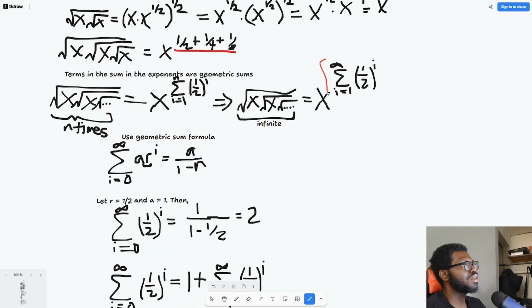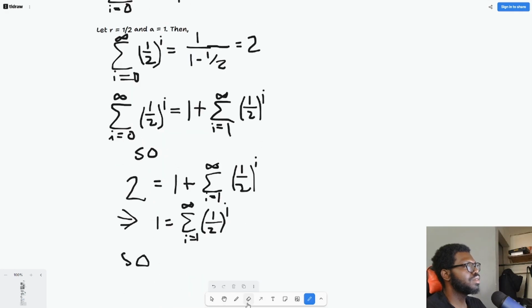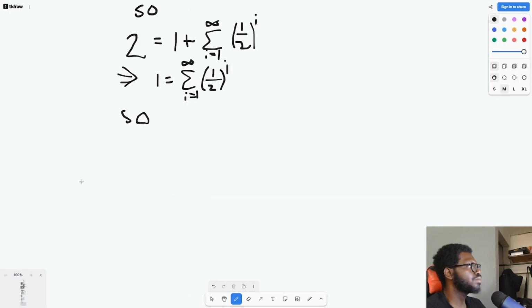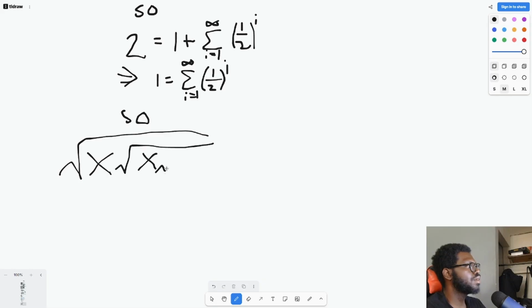That means this expression here is 1. So, square root of x, square roots of x, square roots of x, continuing, is all equal to 1.